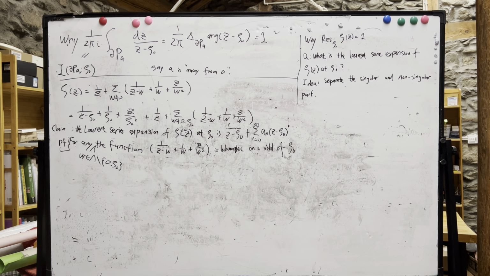So basically I want to set up the uniform convergence on compact subsets.